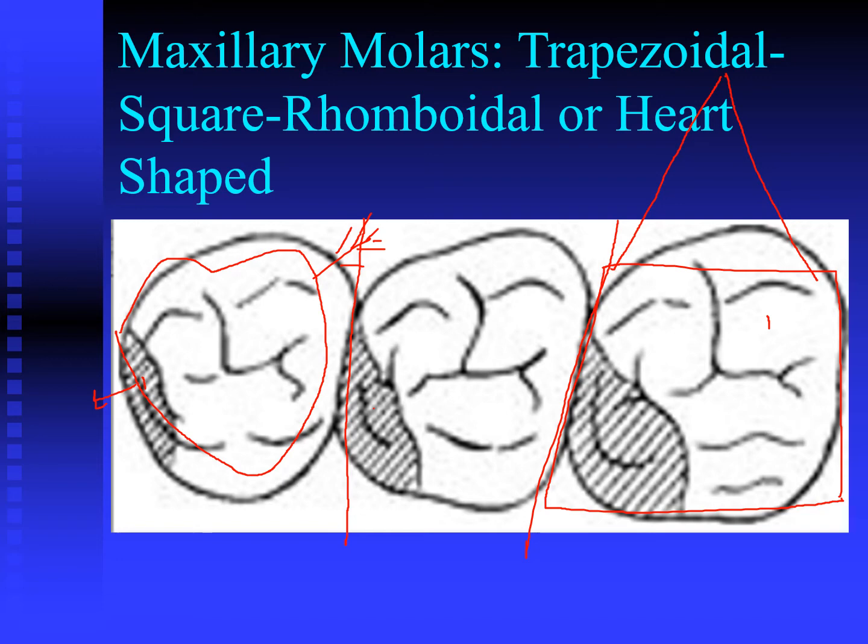So generally the 3 cusps that we hold together, the mesiobuccal, the mesiolingual, and the distobuccal, form a trigon. It's a very strong tooth to chew.